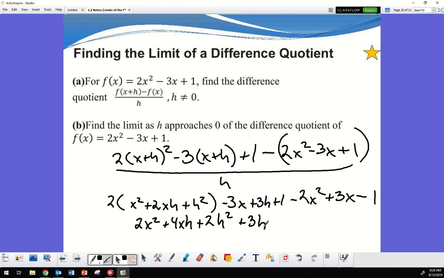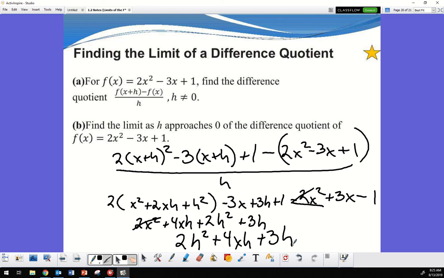But I still got this thing to deal with too. And what's going to take care of that? This one out here. So I'm going to get rid of that and that. So I'm going to rewrite it first so you guys can see this. So it's 2h squared plus 4xh plus 3h.